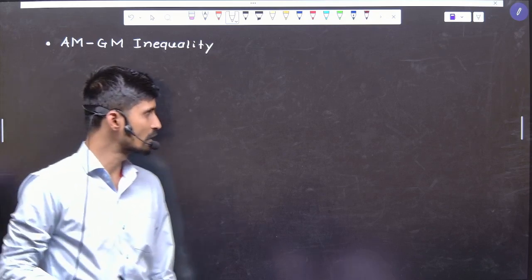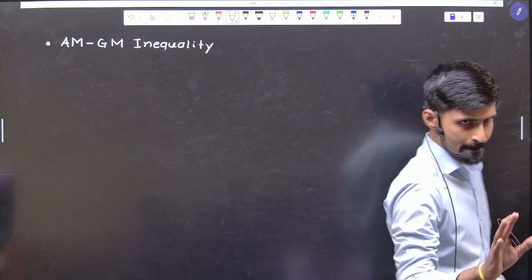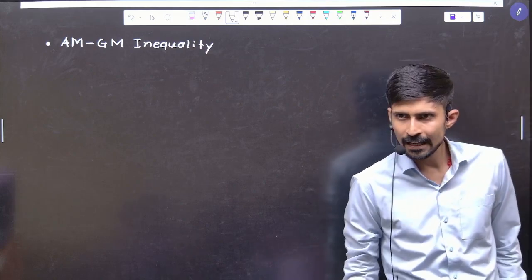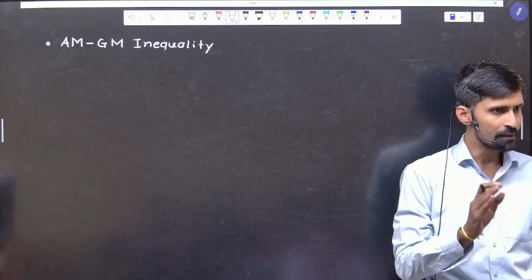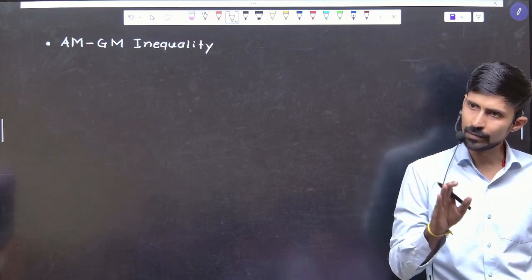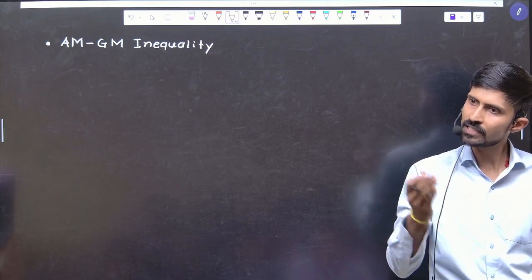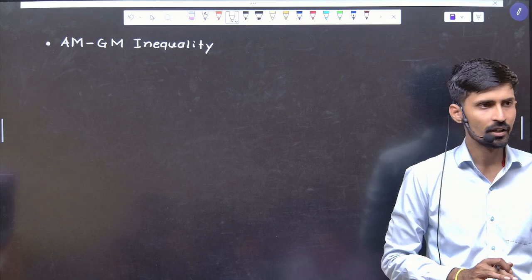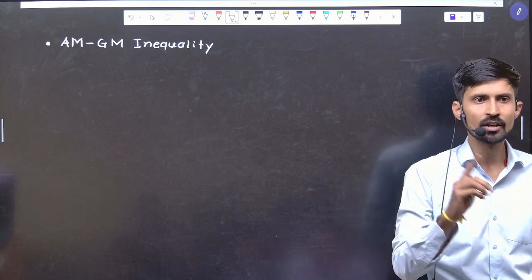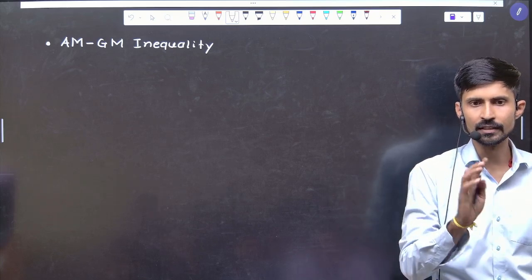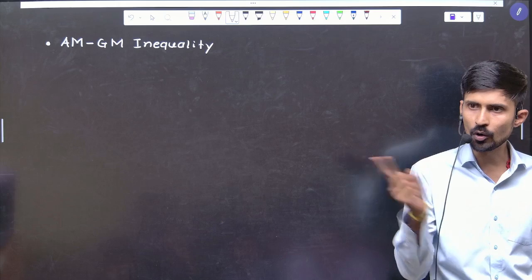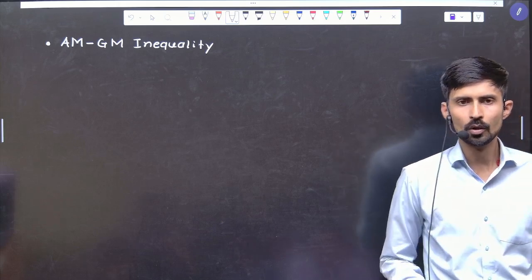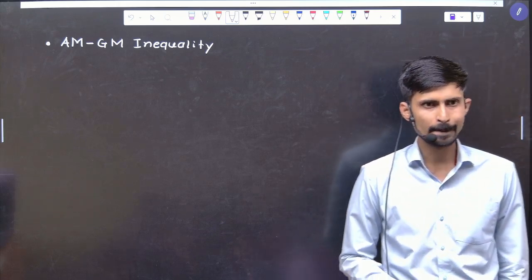Okay, now see this. AM GM inequality. AM means arithmetic mean. Arithmetic mean means average. What is the average of 1, 2, 3? 1 plus 2 plus 3 by 3. What is the average of 2 and 4? 2 plus 4 by 2. Okay?